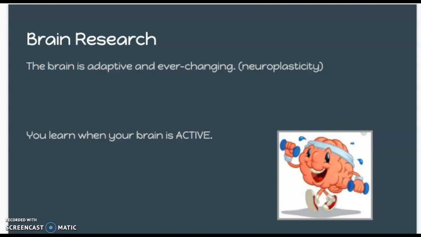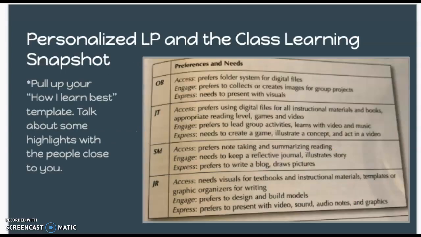That's how we learn. And today, or this week rather, you are going to be thinking about your personalized learning program and your class learning snapshot. So you're going to pull up the How I Learn Best template and talk about some highlights with maybe your roommates or someone close to you.